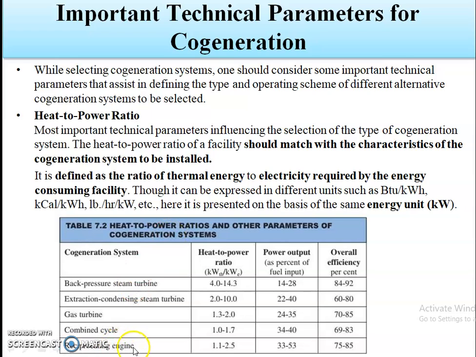For the reciprocating or diesel engine, the heat to power ratio is 1.1 to 2.5, the power output is 33 to 53%, and the overall efficiency is 75 to 85%.